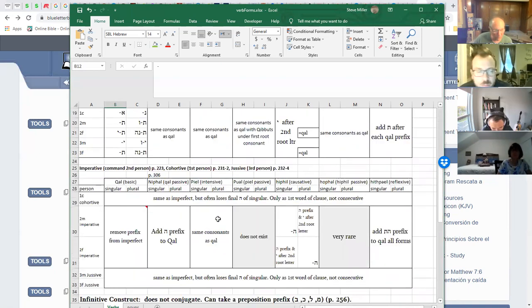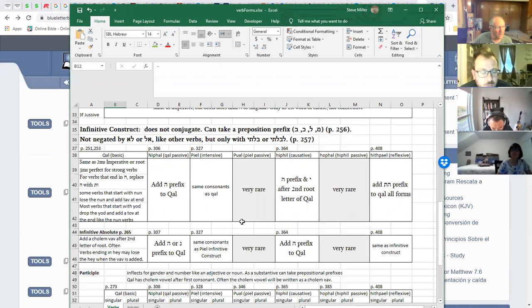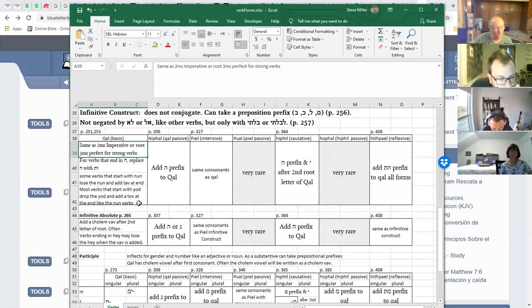But there are more choices here. Okay. Now, when we get to the infinitive, it's the same as the imperative. Or, the infinitive is the same as the third person masculine singular perfect. So it could be an infinitive. Yeah, which could make sense because the infinitive is kind of flexible.